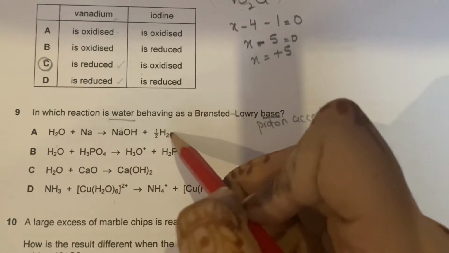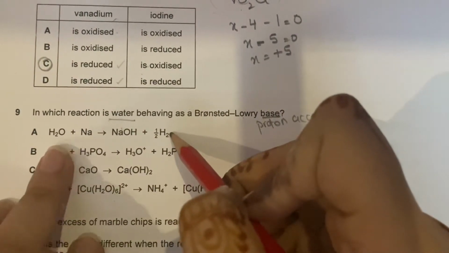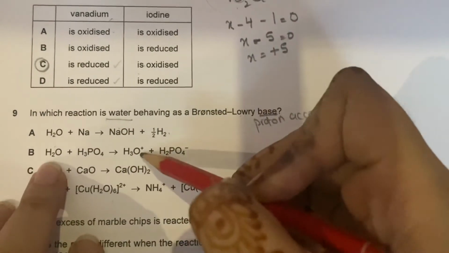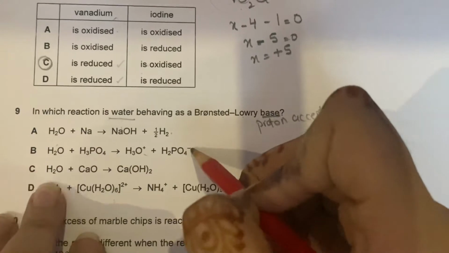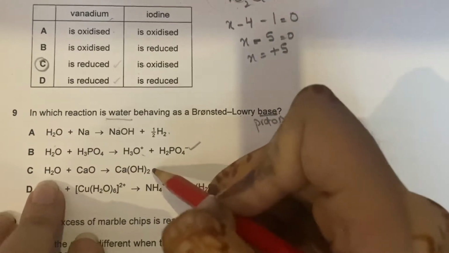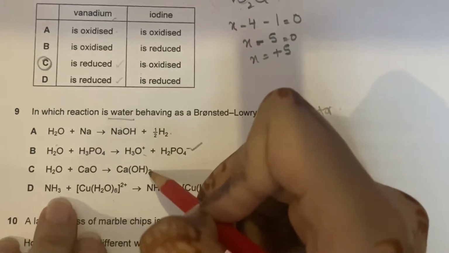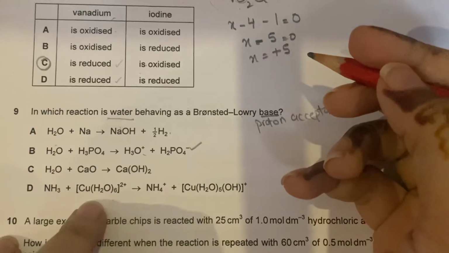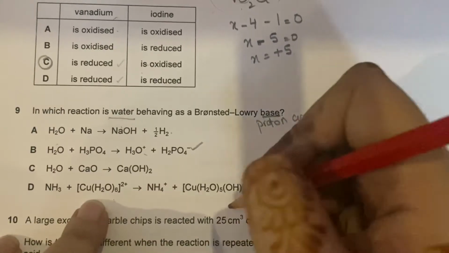No, this one is, let's see, H2O, H3, proton acceptor. This can be 1, and over here the protons are same, and H4 and COH2O5.